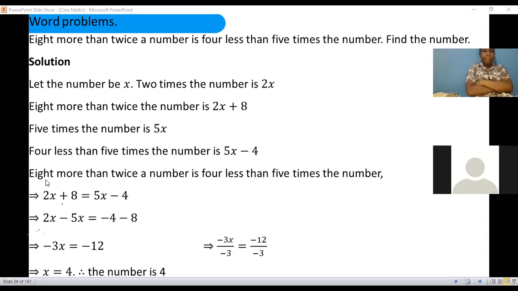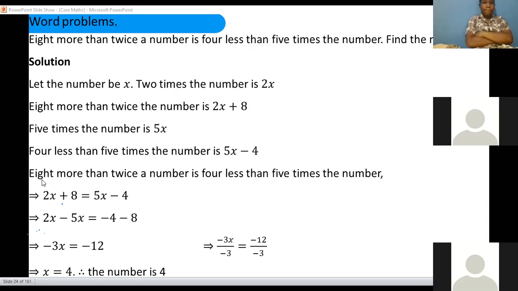Then we consider the full statement now. When we consider the full statement, we have 8 more than twice a number is 4 less than 5 times the number. And 8 more than twice a number is 2x plus 8, is equal to 4 less than 5 times the number, which is 5x minus 4.